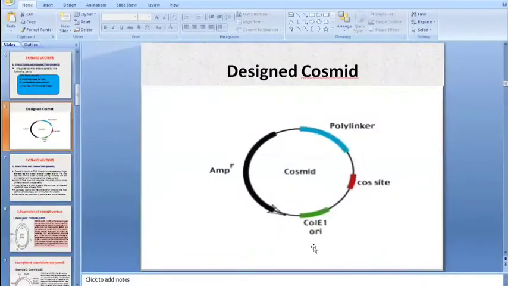Here you can see the ORI and the cos sites. Cos sites are nothing but the cohesive ends which are taken from the bacteriophage virus. And this is the polylinker, which is called MCS, multiple cloning site. This is the ampicillin resistance site, the antibiotic resistance site.